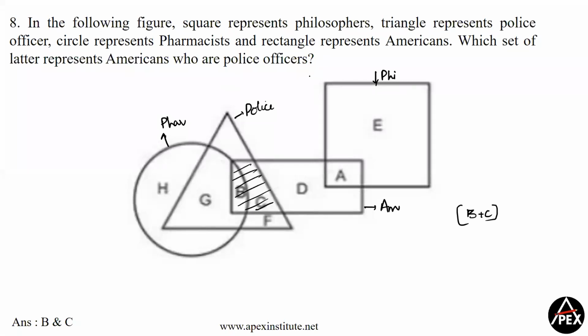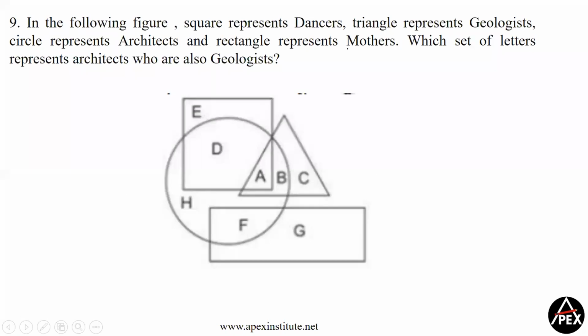So you need to select those regions which have Americans as well as police officers. They can be pharmacists. It's not mentioned in the question. So which set of letters represents Americans who are police officers but not pharmacists? In that case, your answer will be C. Okay, clear. Now, this question.